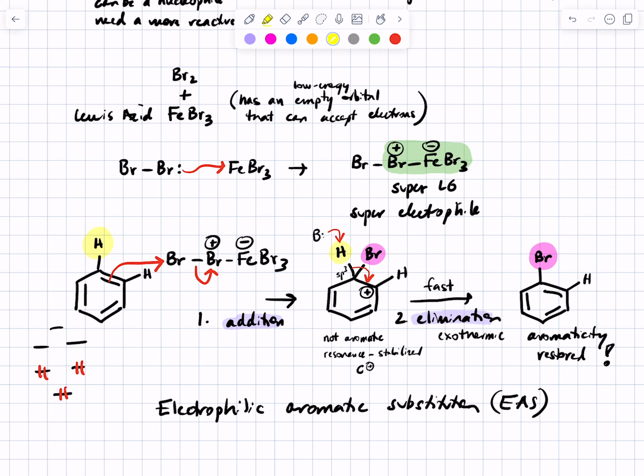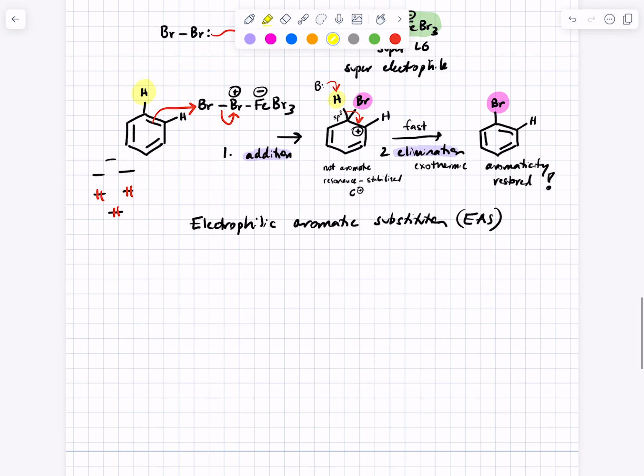All right. So you can do this not only with bromine, of course, but you can do this with chlorine as well. So if I used Cl2 and FeCl3, I could replace a hydrogen on the benzene ring with a chlorine.